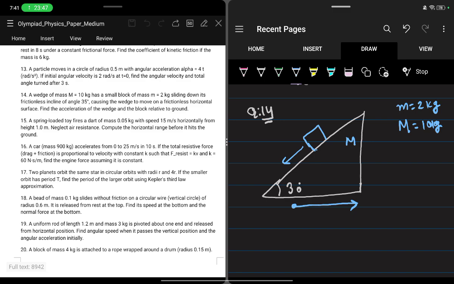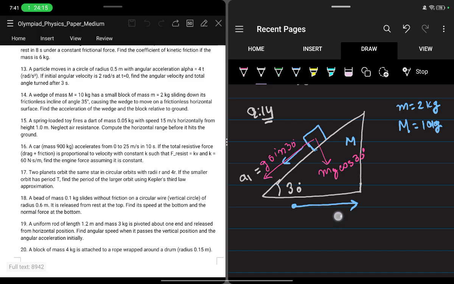No other data is given, right? So here this is mg cos 30 degree, assuming that it's 30 degrees, and this is mg sin 30 degree, right? So basically this smaller mass moves with the acceleration g sin 30 degree, yes or no? Let's call it a1, okay?